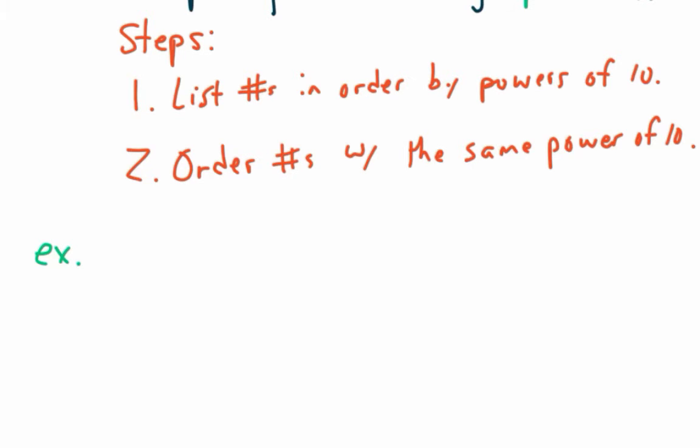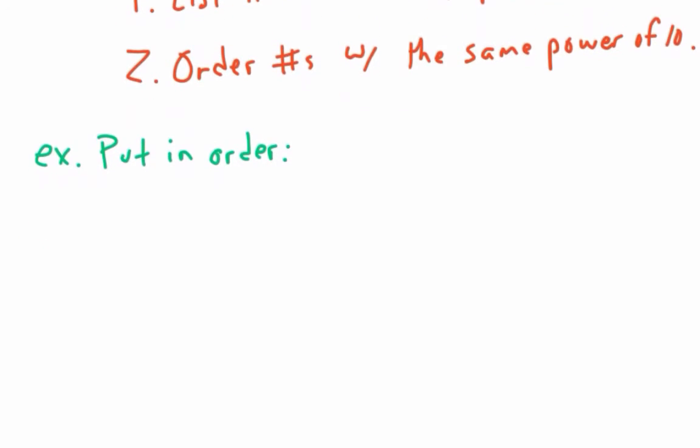So I'm going to say put in order these numbers here. I'm going to try to squeeze them all in one row. But I have 1.3 times 10 to the negative 3. And I have 6.3 times 10 to the negative 3.